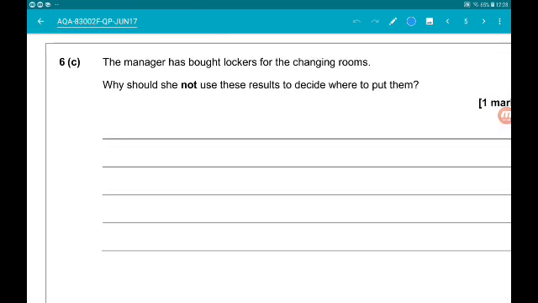So think about the time scale that the results are from. It was from 1 hour. So to get a better picture, she should record info for a much longer period of time, like a week or a month. That would give a much better picture of where to put the lockers.